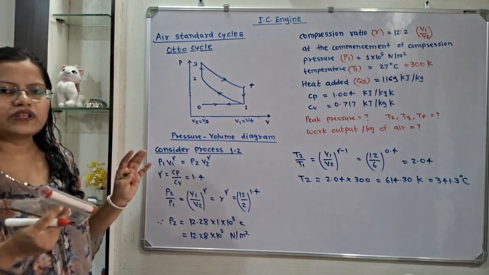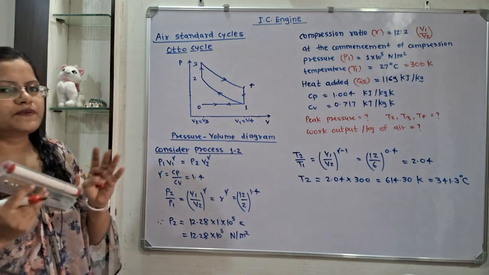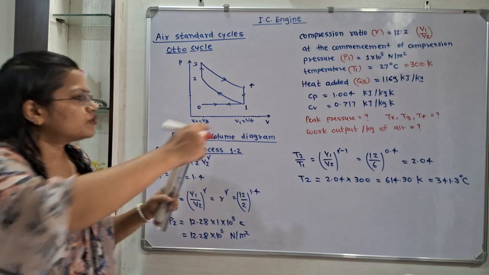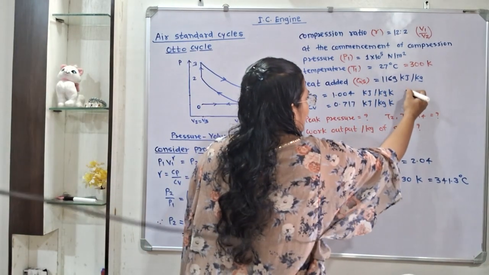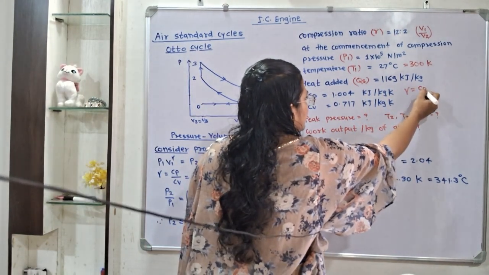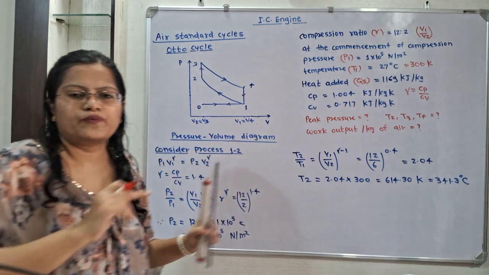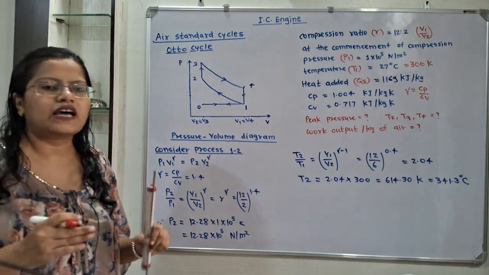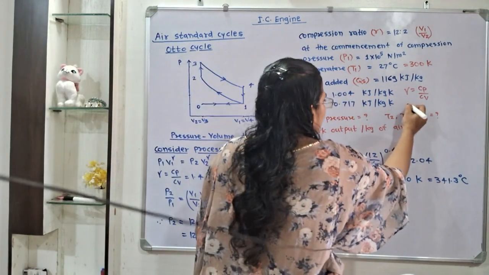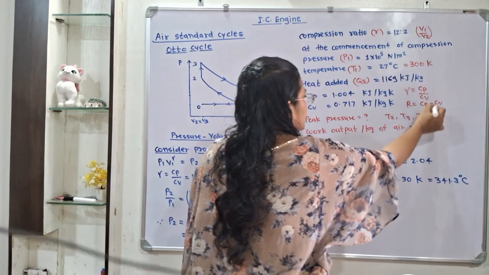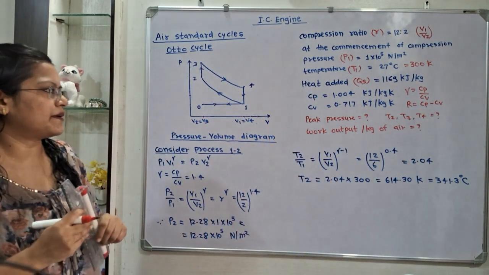We know that the ratio of specific heats Cp by Cv is known as gamma. So how to calculate gamma? Gamma is equal to Cp divided by Cv. Then the gas constant R is also calculated: R is equal to Cp minus Cv. So this is the relation between these parameters.